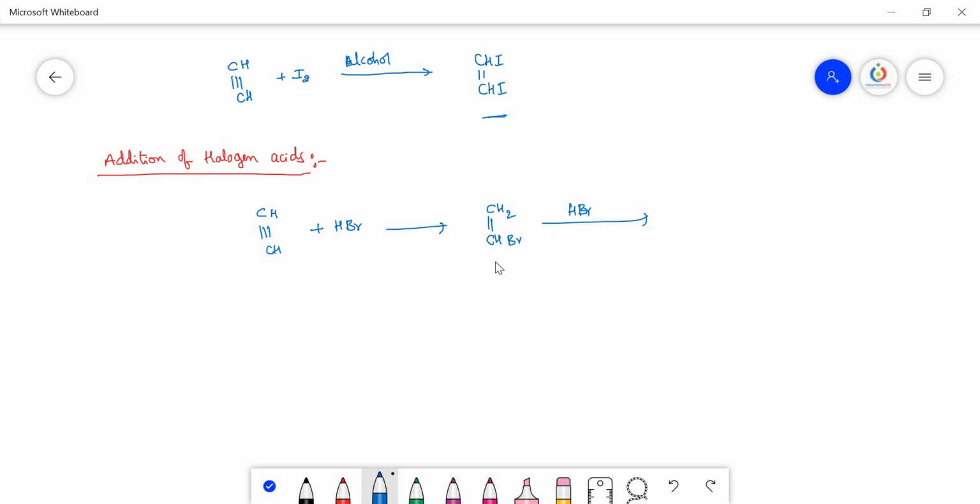Hence I can say that Markovnikov's rule is applicable over here, and in that case H plus will be added to the double bonded carbon with more number of hydrogens, so that hydrogen will go and add over here, and bromine will go and add over there, so that the molecule finally will get CH3 CHBr2. So this is called ethylidene bromide. You must remember certain names. This name, ethylidene bromide, means two bromine atoms are on the same carbon atom.